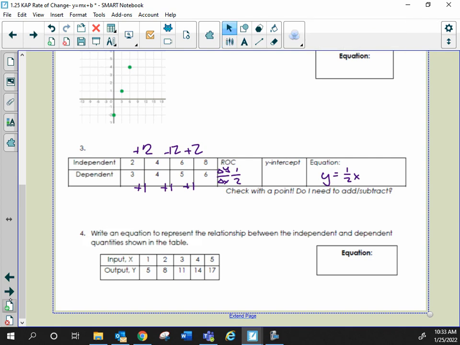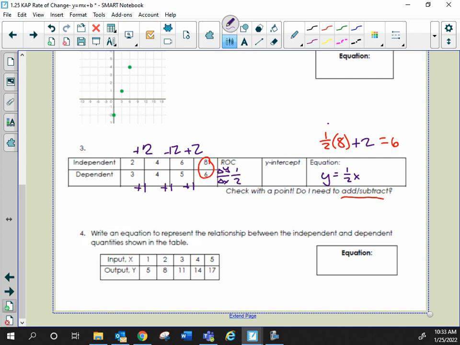If I plug in any random point, let's say 8 and 6, does 1/2 of 8 give me 6? The answer is no. 1/2 of 8 is 4. I still need to add 2 to get there.